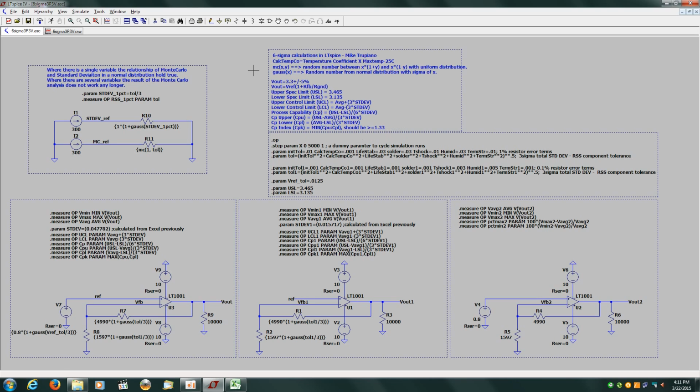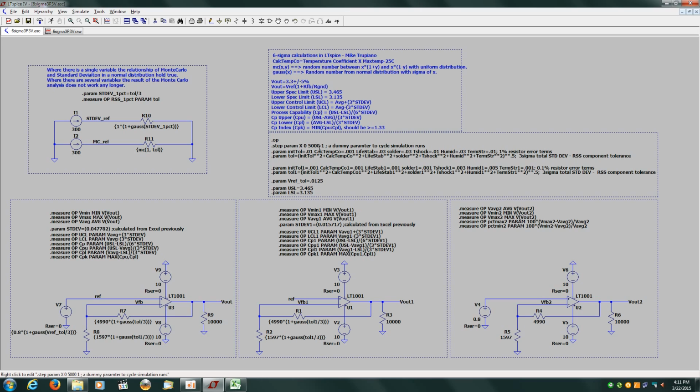LTSpice has a Monte Carlo function and a Gauss function, and it turns out that say a 1% resistor, which is right here, a tolerance of 0.01, and then all of its error terms: temperature coefficient, life stability, soldering, temperature shock, humidity, terminal strength.